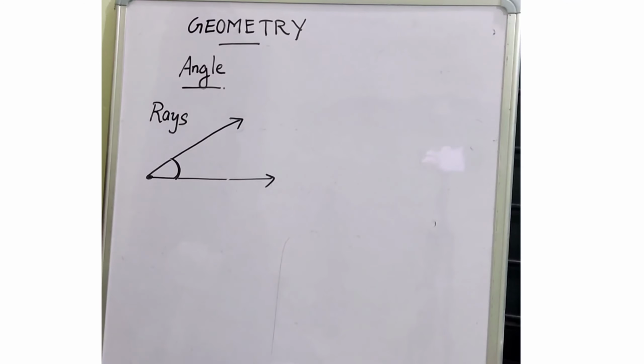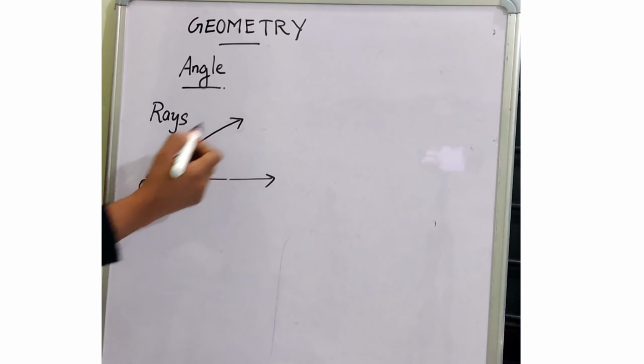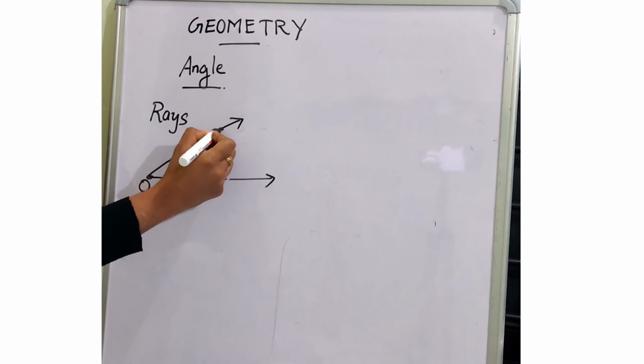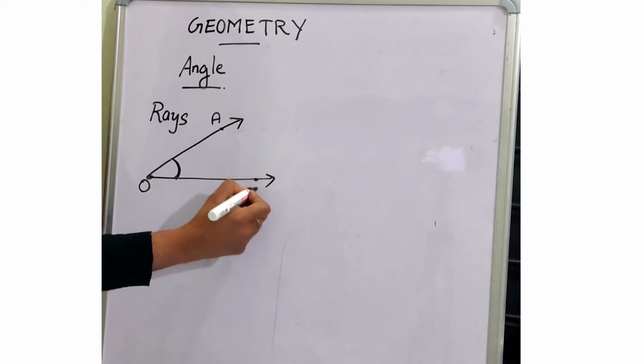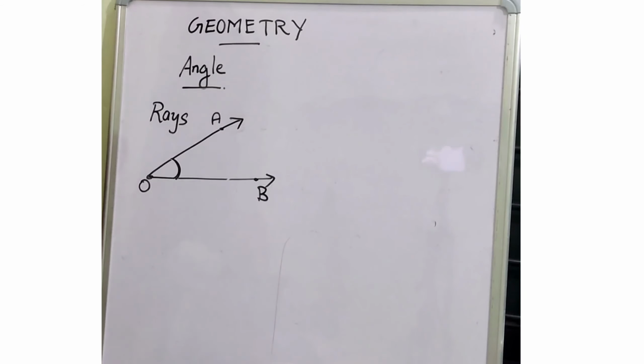Let's name the rays. So this is the point. This ray and this ray are meeting at this point O. And how can we name the rays? The first ray is ray OA, and the second ray is ray OB. You cannot say this ray as ray AO. It is wrong. You should always say this ray as ray OA and this ray as ray OB.